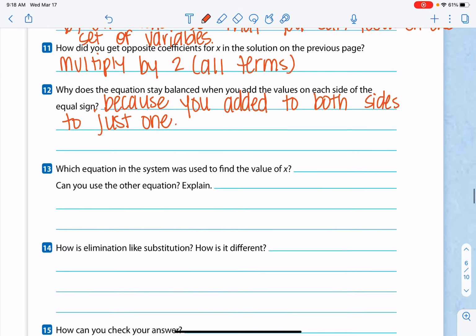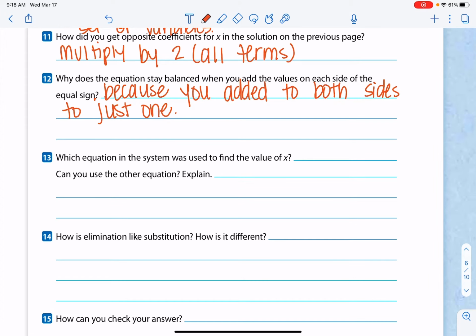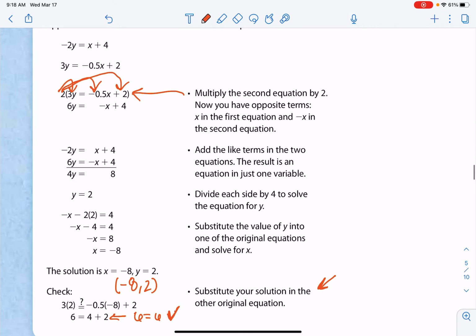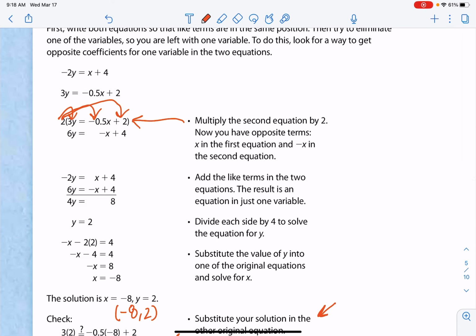All right, number 13, which equation in the system was used to find the value of x? So the one to find the value of x, it looks like they went in and used this one, which was this first equation. They did all that good stuff, it looks like.